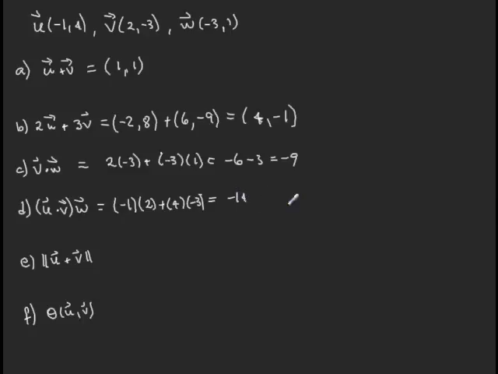And then we're going to take this minus 14 and we're going to multiply it to the components of w, so minus 3 and 1. And so what that gives us is 42 and minus 14.